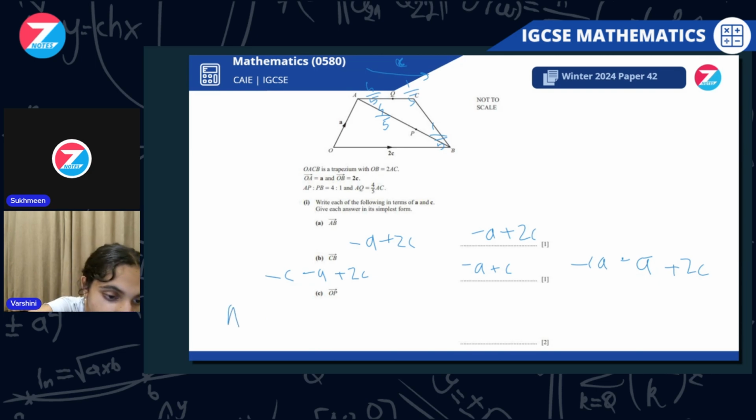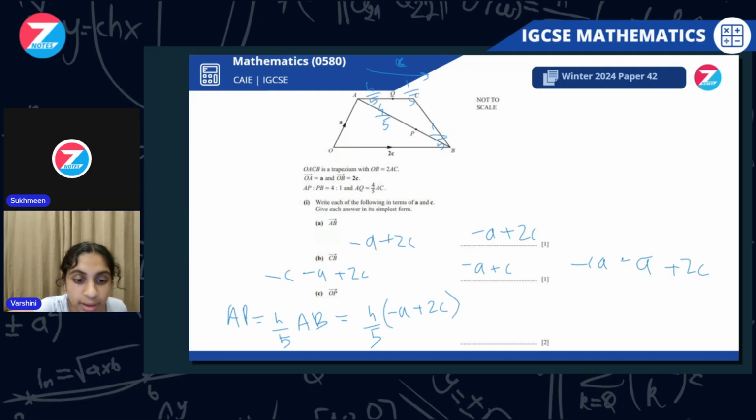So AP equals 4 by 5 AB. And to find AB, we've already found AB: minus A plus 2C. So then we can make this 4 by 5 of minus A plus 2C.